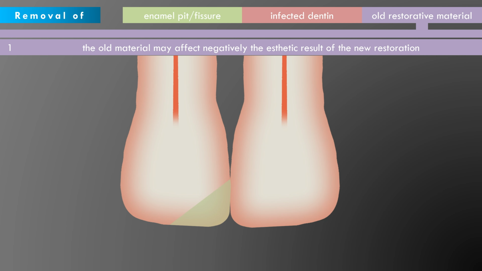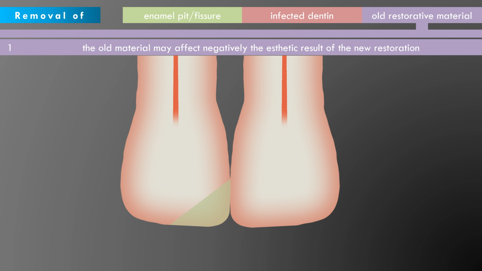The third factor that has to be considered is the presence or absence of the old restorative material. In many cases, the old restorative material need not be removed completely, but we have to remove it if it is going to affect the aesthetic result of the new restoration.